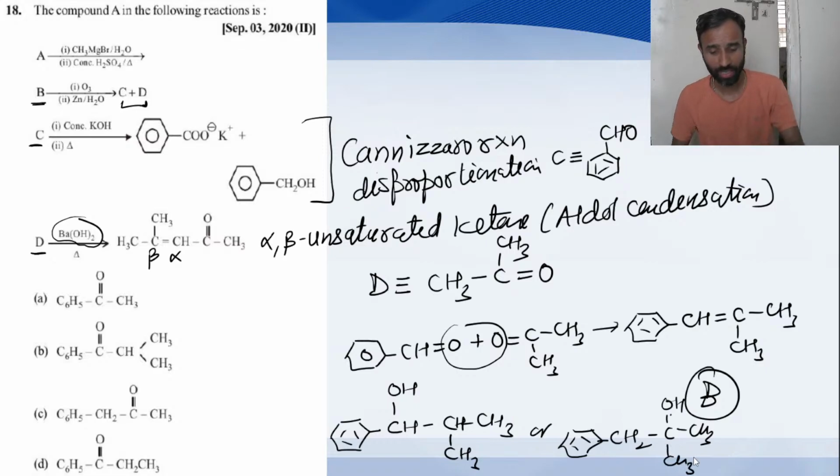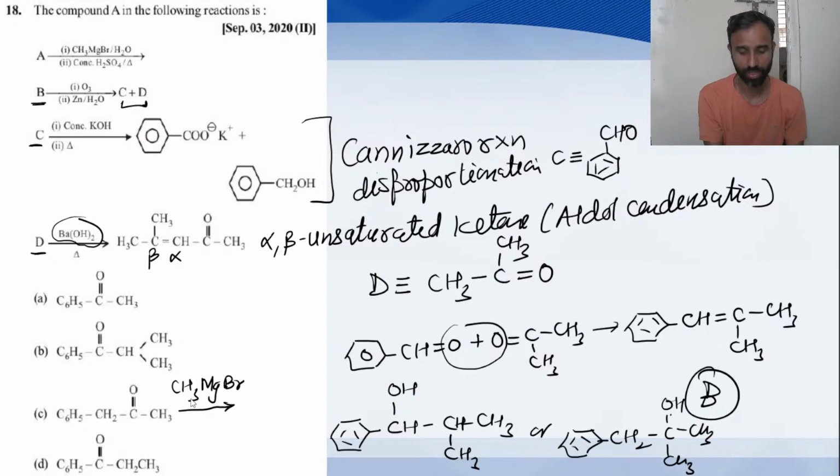Am I right? But at the same time we have CH3 MgBr. So if this is the right option, we treat it with CH3 MgBr and then hydrolyze. So what would we get? C6H5 CH2 COH CH3, right? Because CH3 is negative and Mg is positive.